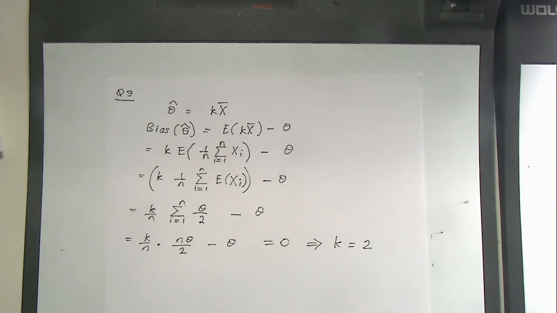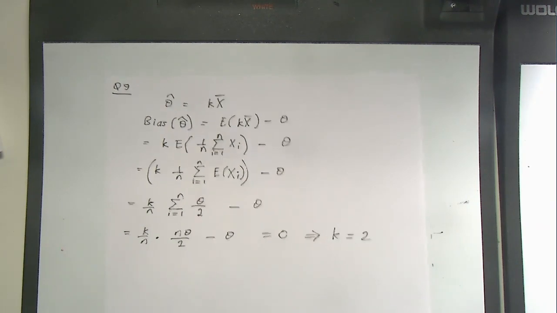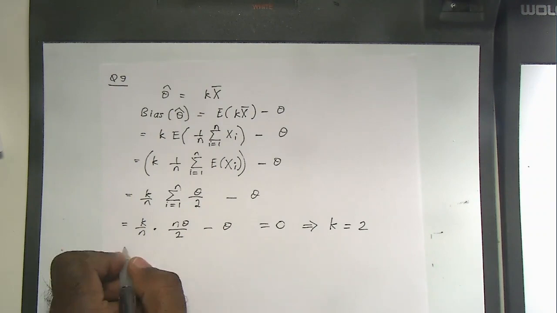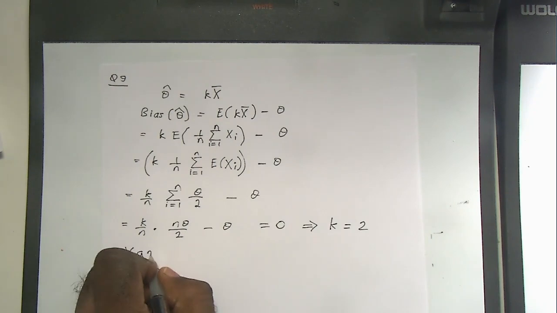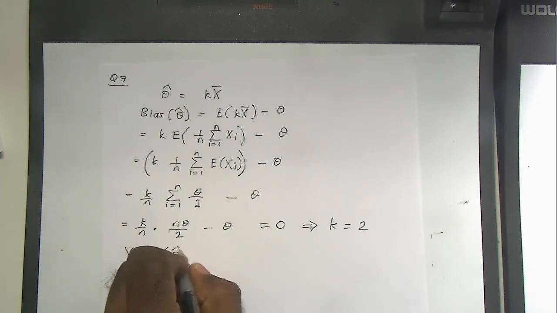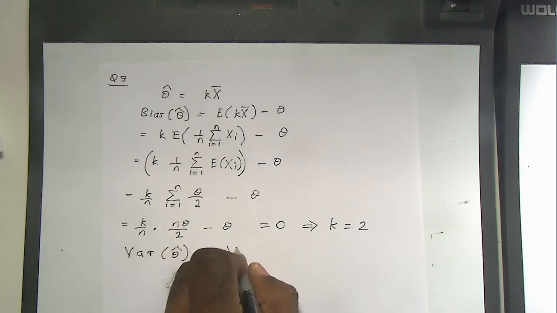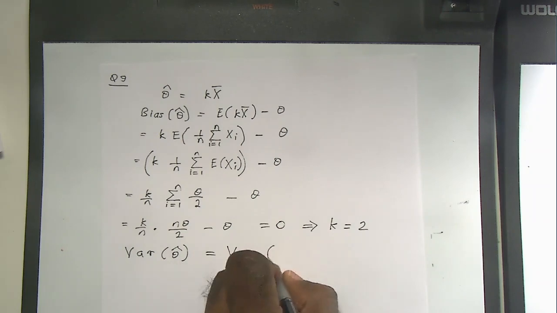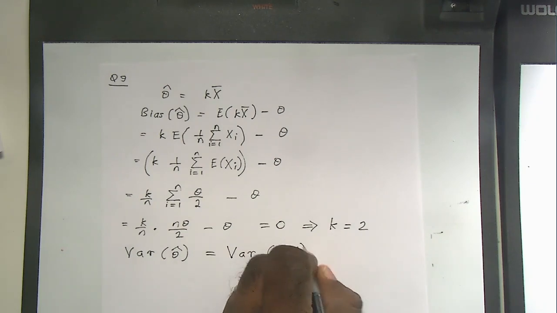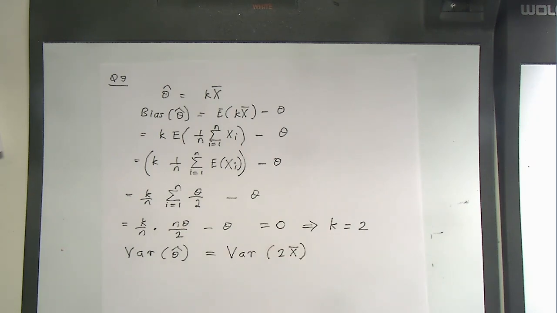The second part is to find the variance. So to find the variance of theta hat, you take the variance of 2 times x bar, because k is 2, right? And pulling 2 outside, it becomes a 4, right?